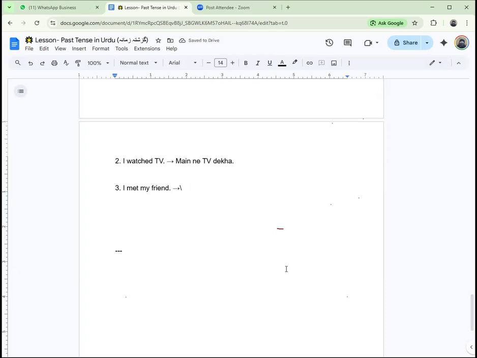That example is also about the same. उसने किताब पढ़ी, पढ़ी. Here is the kitab. उसने किताब पढ़ी, उस लड़की ने किताब पढ़ी, it remains the same. हम सब ने किताब पढ़ी, हमने किताब पढ़ी.